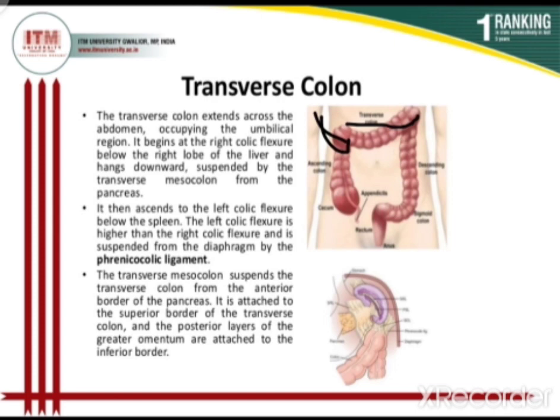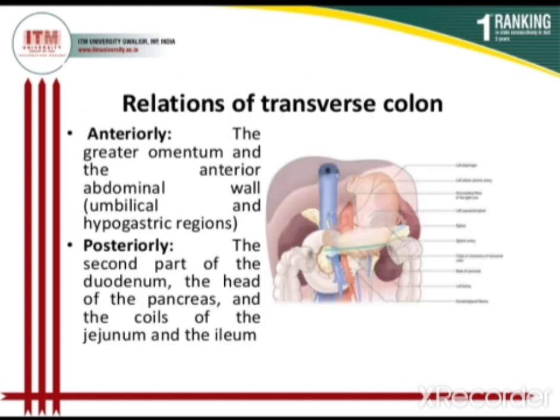It then ascends to the left colic flexure below the spleen. The left colic flexure is higher than the right colic flexure and is suspended from the diaphragm by the phrenicocolic ligament. Fine. The transverse mesocolon suspends the transverse colon from the anterior border of the pancreas.